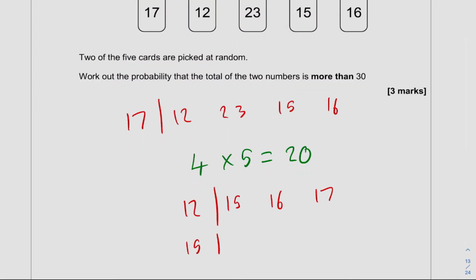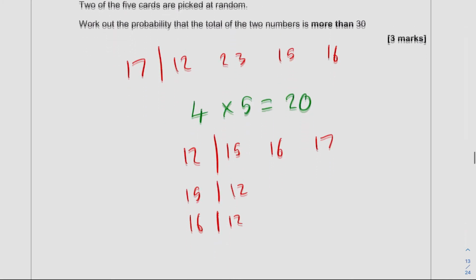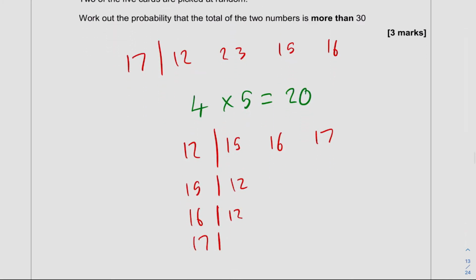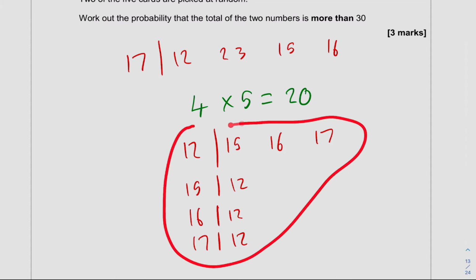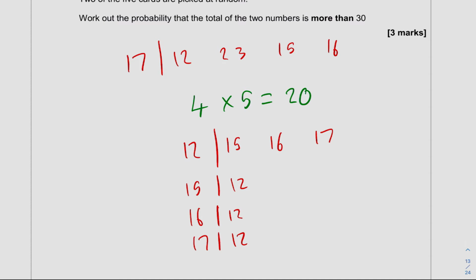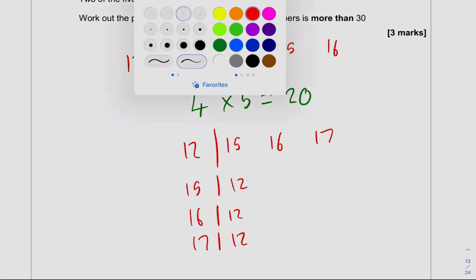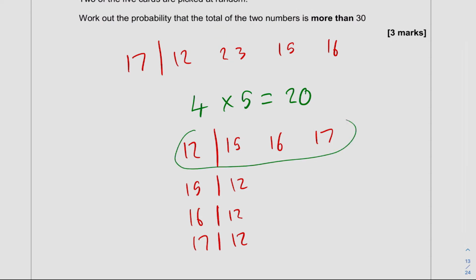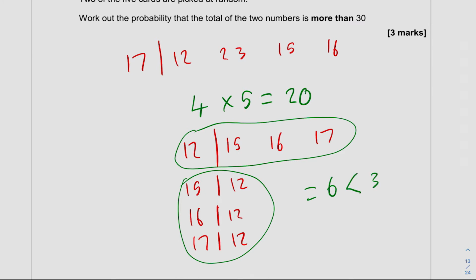And then it would be with 12, and then we could also have 16 first with 12, and then we could also have 17 picked first, again with 12. So these are all the combinations in all the possible orders that give less than 30. So that is 6 in total. So there's 3 here, and then there's another 3 here. So it equals 6 less than 30 total.